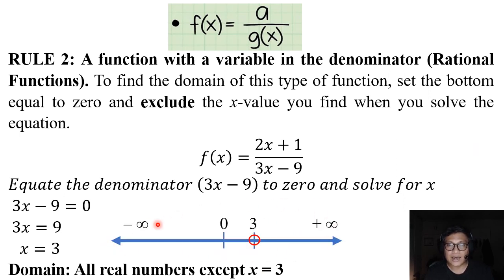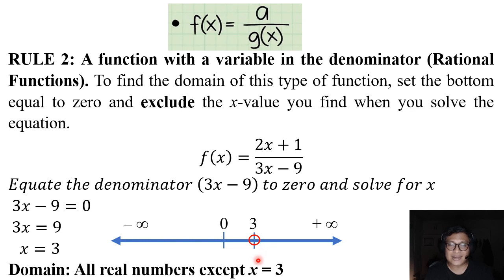So we have all the values of your x to be a real number, from negative infinity to positive infinity, except that your x is equal to 3. You might be asking, sir, is it okay if the value of your x is 2.99? Yes, there will be a domain, there will be a range value for that one.